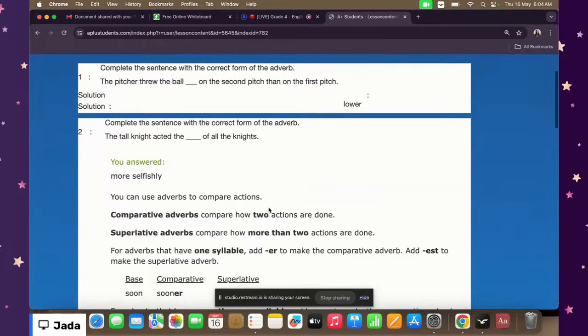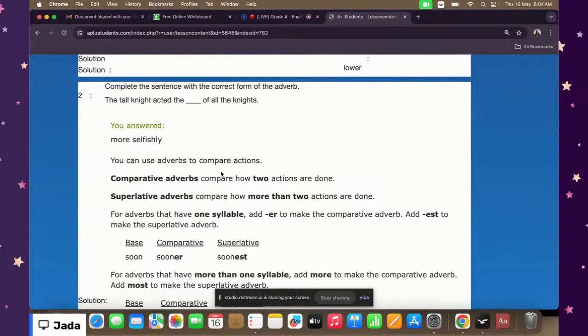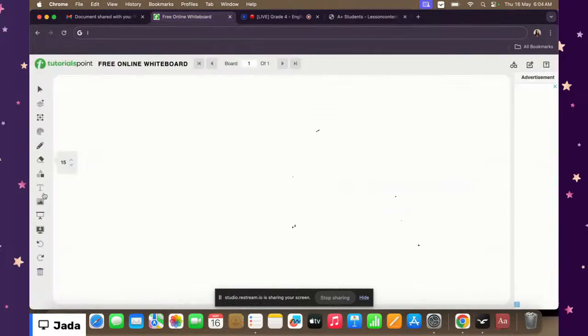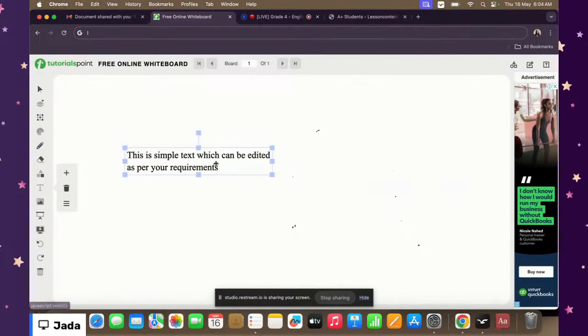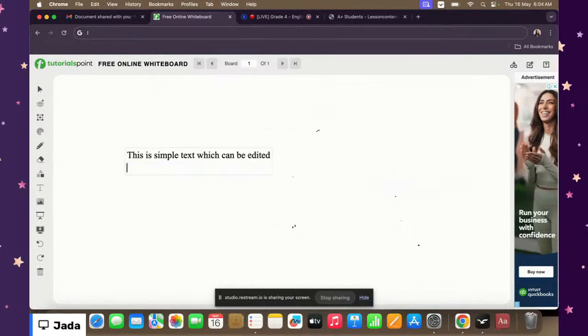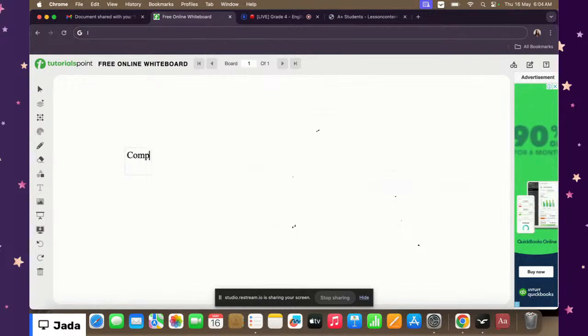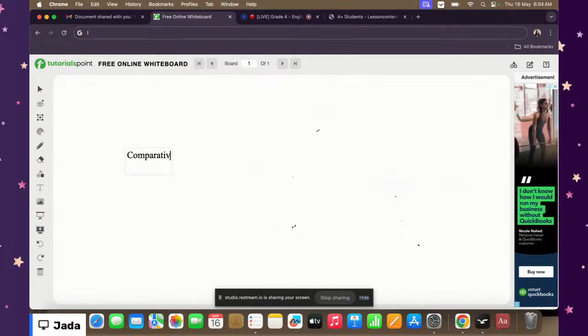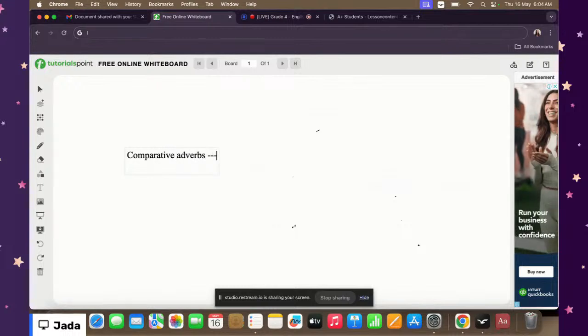Okay, so comparative adverbs compare how two actions are done. Comparative compares how two actions are done.